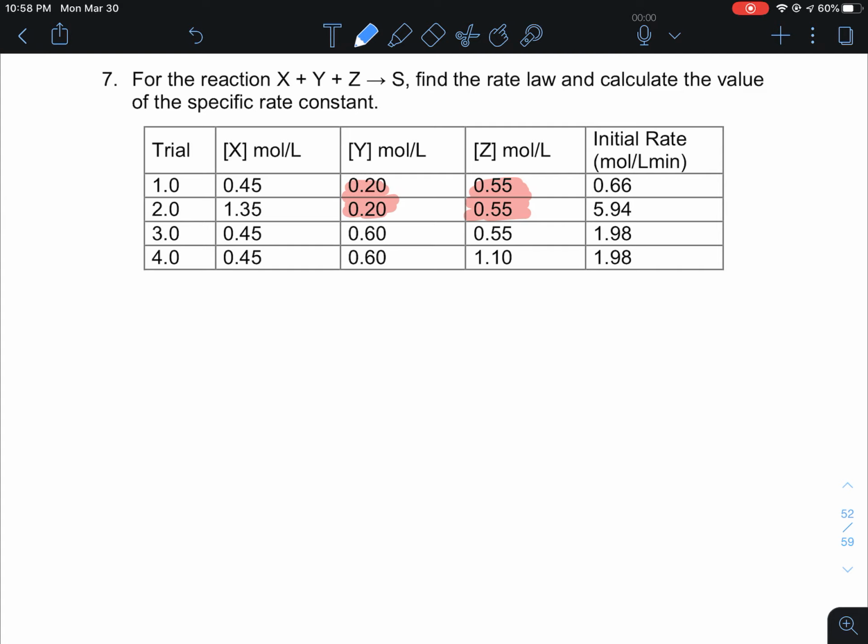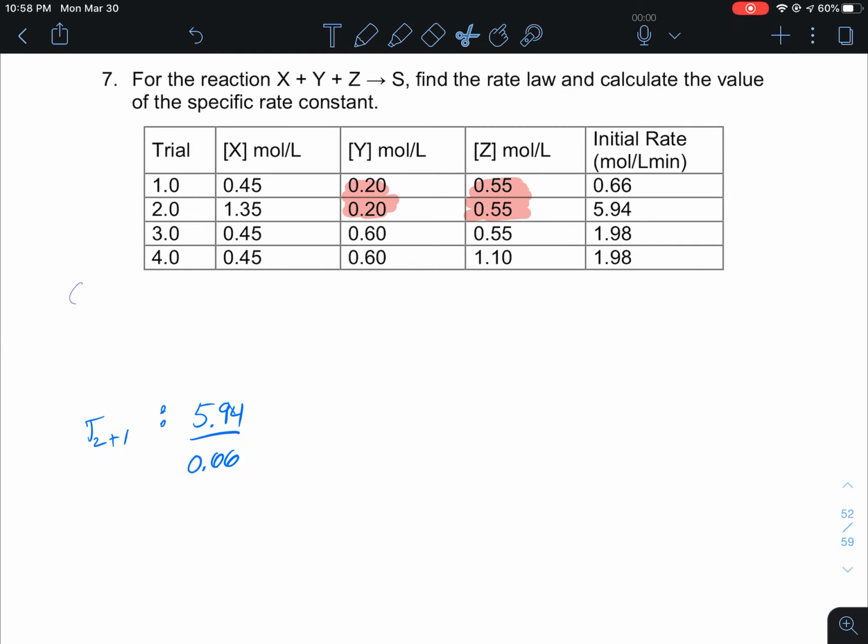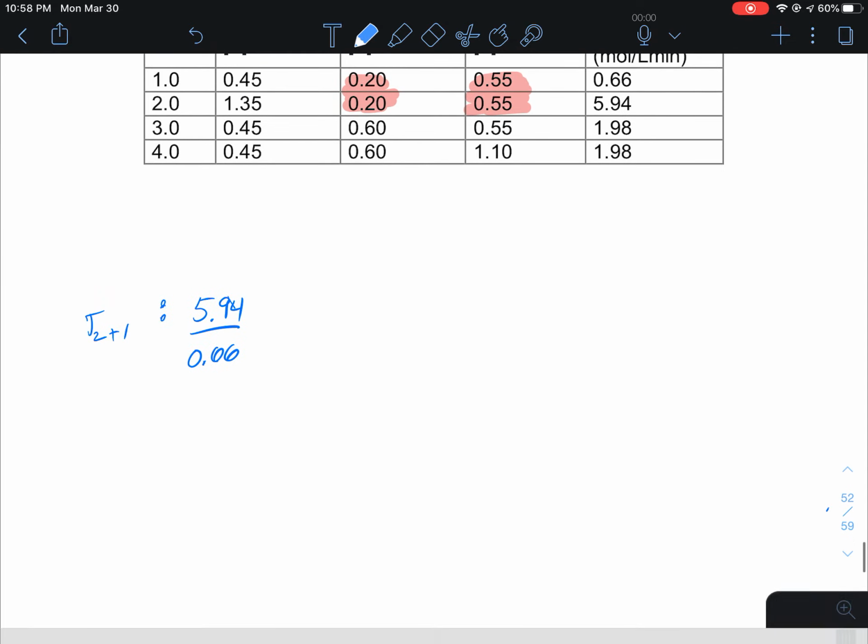So this will be trial 2 and 1. I always say the one that I want to put on top first, and I want to put the big one on top. So 5.94 divided by 0.66. Maybe I should put a generic equation in just so we can remind ourselves. So let's put a general form.